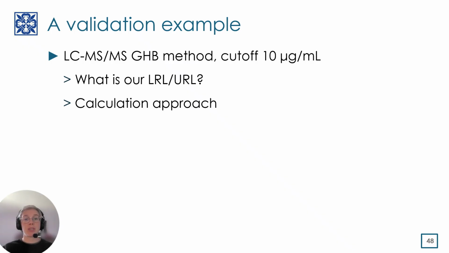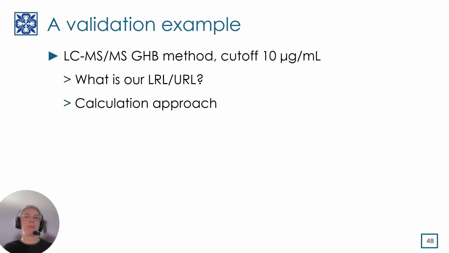That said, we're still conscious of the fact that this is an LC-MS/MS method, and as such, the sensitivity and size of the unreliability zone will vary daily. So what we'll do is this estimation over several days, over a one month period, and take the worst one.